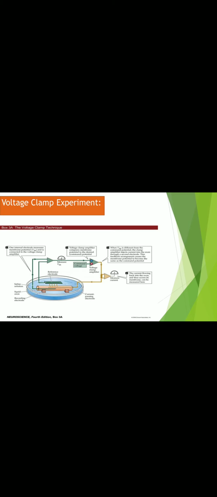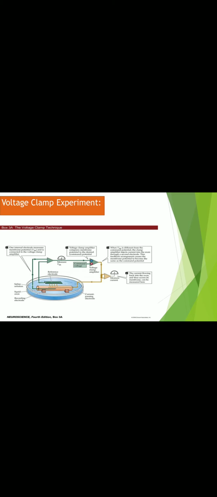One internal electrode measures the membrane potential; it is kept inside the squid axon and is connected to the voltage clamp amplifier. As you can see in the diagram, this recording electrode is connected to the voltage clamp amplifier. This amplifier compares the membrane potential to a desired potential. When the membrane potential is different from the command potential, the clamp amplifier injects current into the axon through the second electrode.